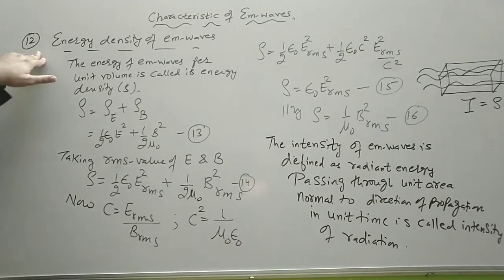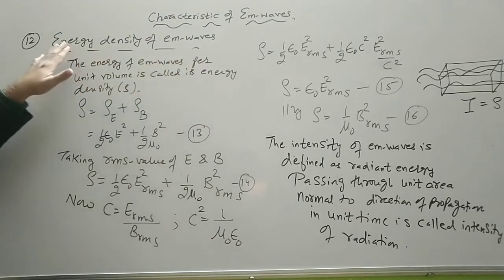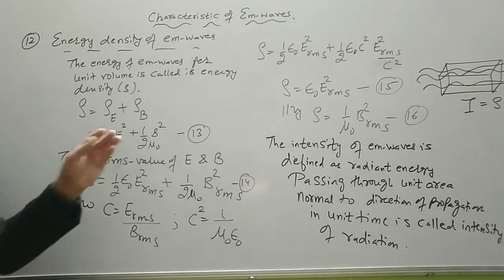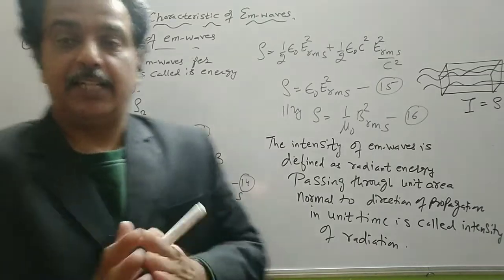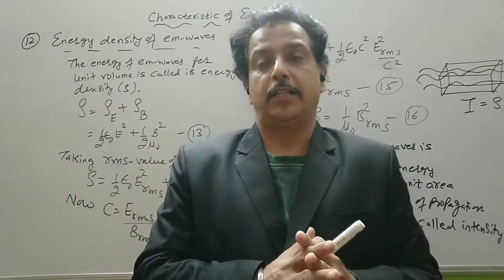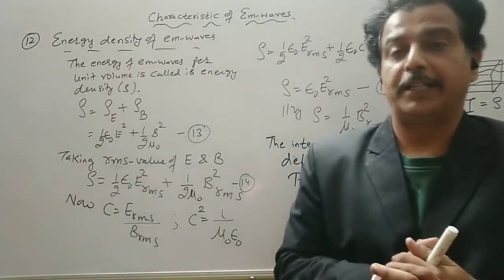12th characteristic, energy density of electromagnetic waves. Now we have defined the energy density for the electric field and the magnetic field, or the energy density of a capacitor and the inductor. Basically it is an LC oscillator circuit which is responsible for the propagation of the electromagnetic waves.